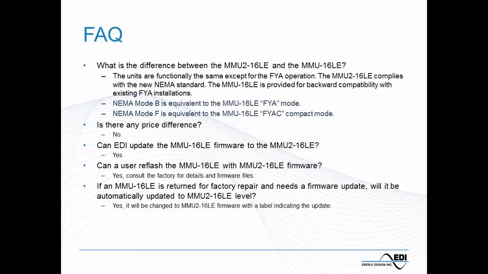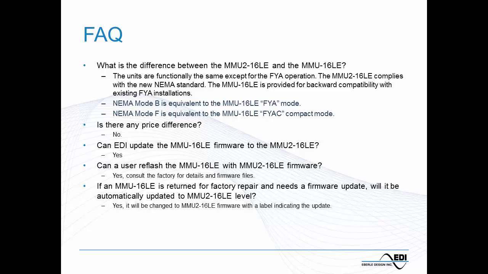So some frequently asked questions. Again, we can take any MMU2-16LE and by updating the firmware in it, convert it to an MMU2-16LE. How that's done, there are some details that need to be resolved, but it is simply a reflash operation.